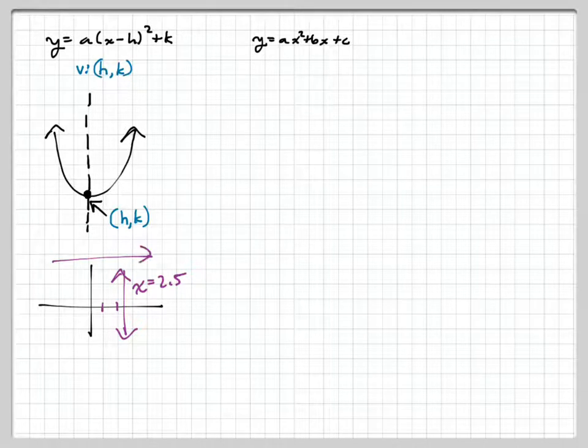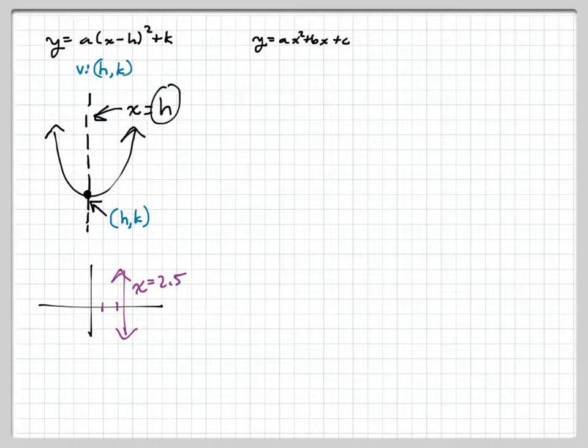If we were to go horizontally, then that would be y equals, but that's not what we need right now. We need x equals. So for this axis of symmetry, we would say x equals what? X equals h. Hey, I know h. H is right from the vertex, and we can get h from the vertex form. That is how you find your axis of symmetry.